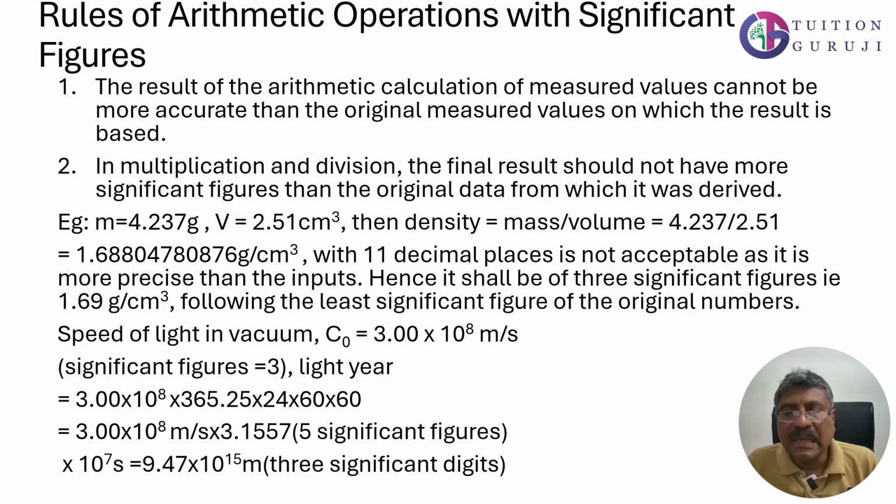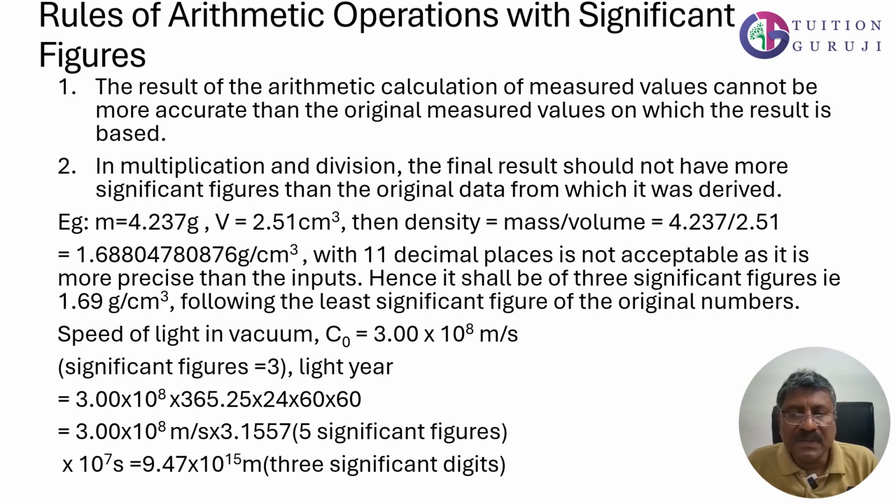only 3 significant figures, because the minimum number of significant figures in the division is 3. 2.51 has 3 significant figures, whereas 4.237 has 4 significant figures. So we will take the least number of significant figures.